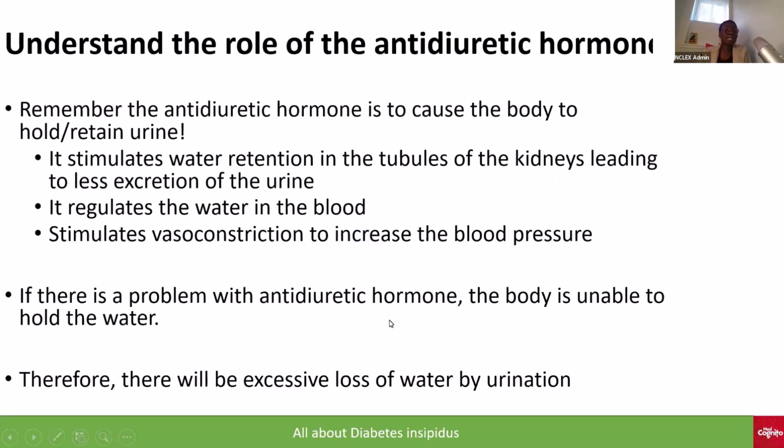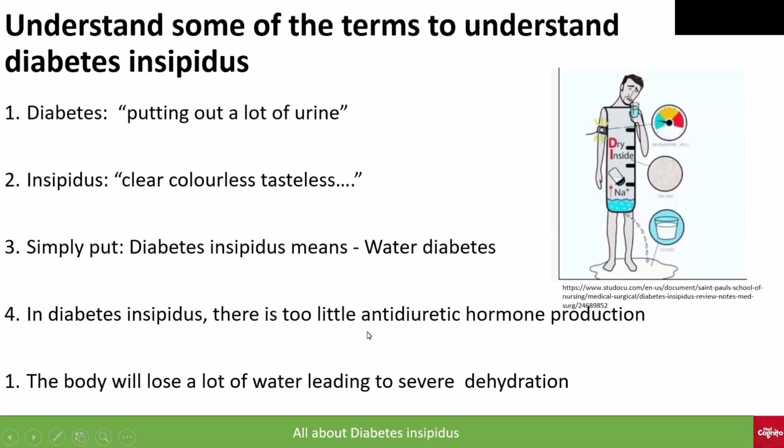So always know that diabetes insipidus is a problem with ADH, whereby the body will be unable to hold on to water, and there will be excess loss of water by urination. And do not let the word diabetes confuse you. As I said, diabetes means putting out a lot of water.